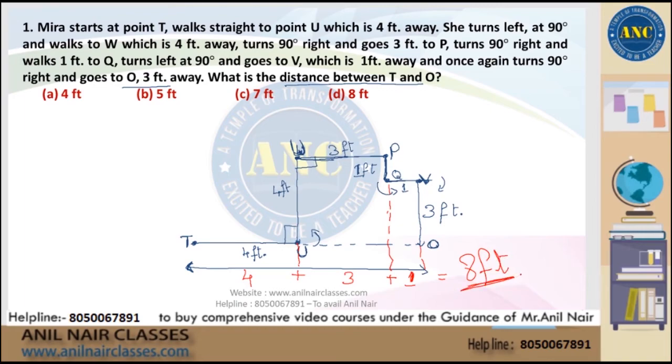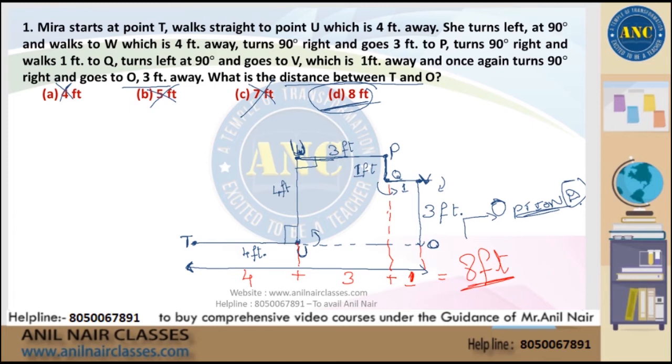So 8 feet is the answer. Look at the options. Option A is 4 feet, which is wrong. Option B is 5 feet, which is again wrong. C is 7 feet, wrong. Option D is 8 feet. So the correct answer is option D.